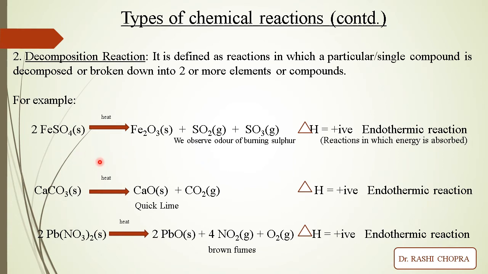So this is a decomposition reaction, and it is absolutely opposite to the combination reaction. We said that combination reactions are exothermic in nature, where energy is released in the form of heat, but in a decomposition reaction we actually supply heat.